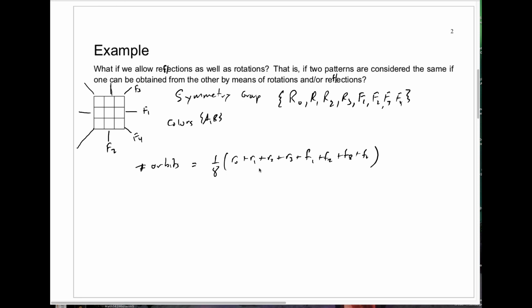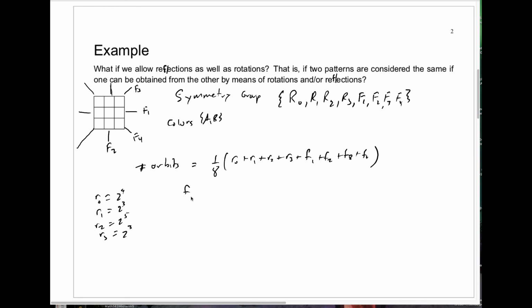And of course, the problem is just the same as the previous one in that we know that R0 is 2 to the 9th, R1 is 2 cubed, R2 was 2 to the 5th, R3 was 2 cubed again.